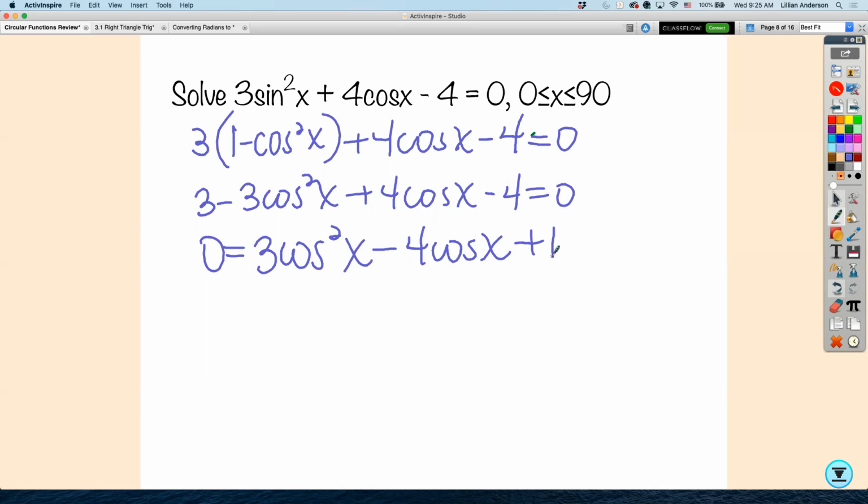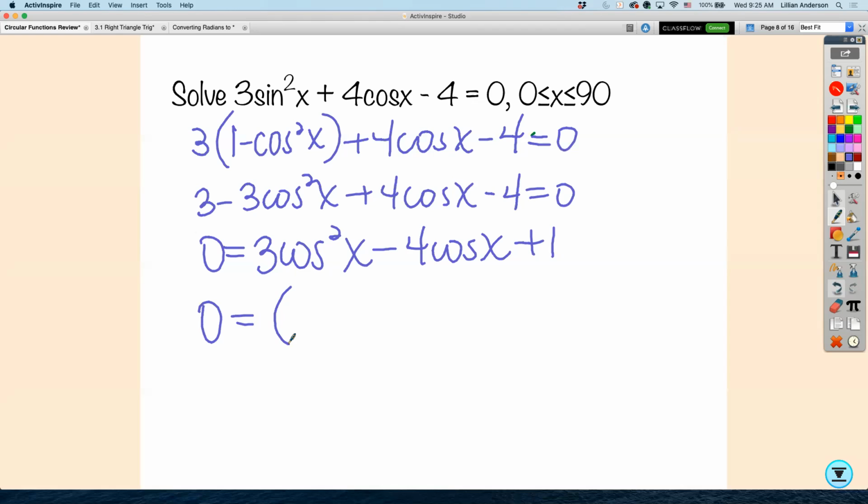I combined and moved it over to the right-hand side. It's a quadratic. Do I need to review factoring? I got cosine x minus 1 times 3 cosine x minus 1.